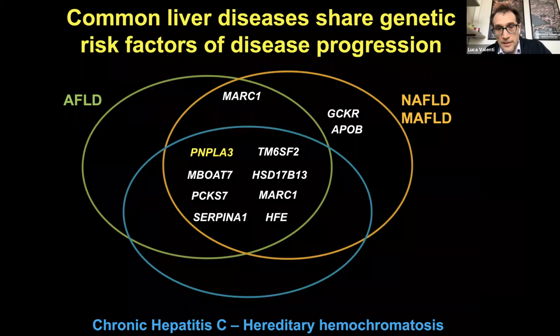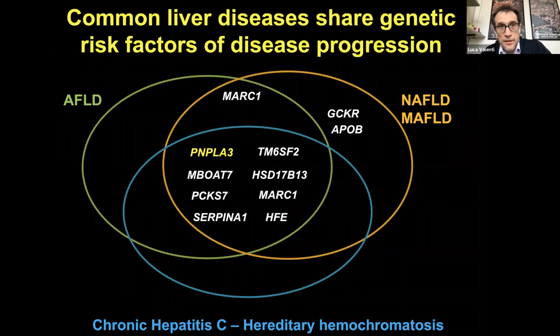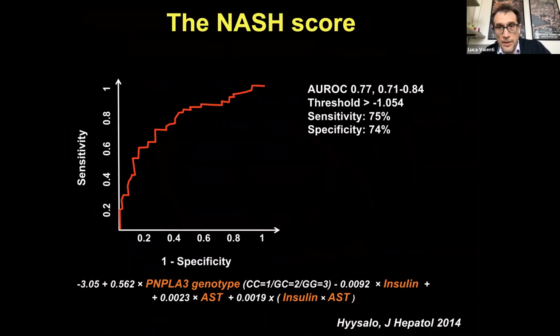until very recently, or other genetic conditions such as hereditary hemochromatosis. So genetic factors influencing the development of liver fat accumulation are a major determinant of the risk of this condition.